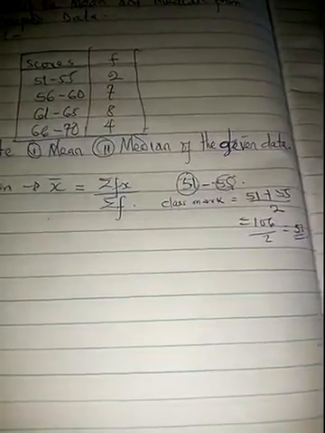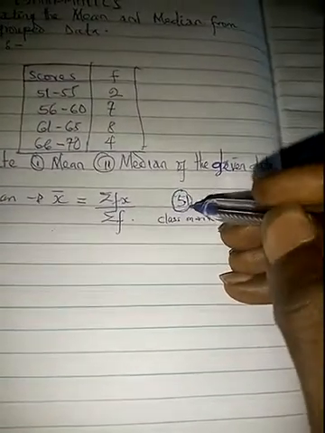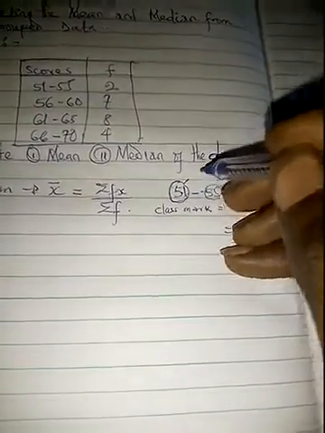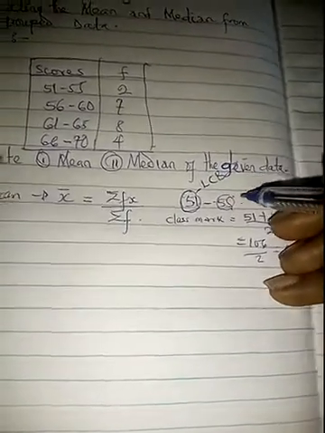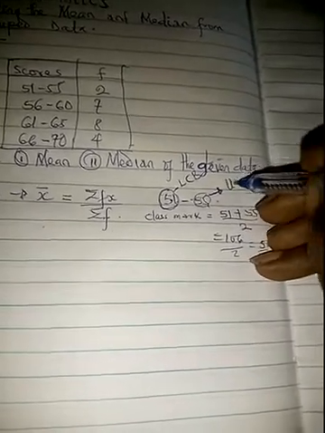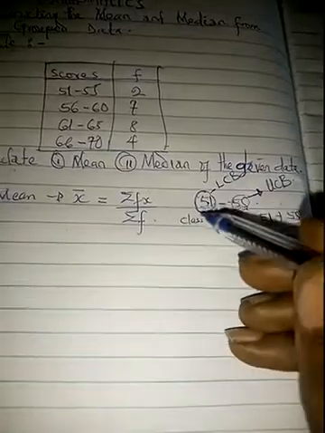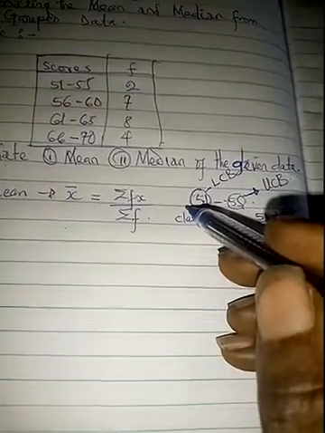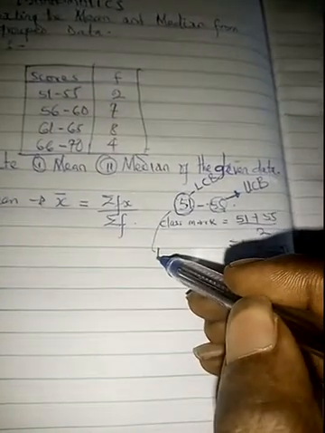Apart from that, I want you to know that the first number on the class interval is called the lower class limit. I will shorten it, LCL. And the other part is called the upper class limit. Please take note of that. At the same time, from the lower class limits, you can obtain your lower class boundary.